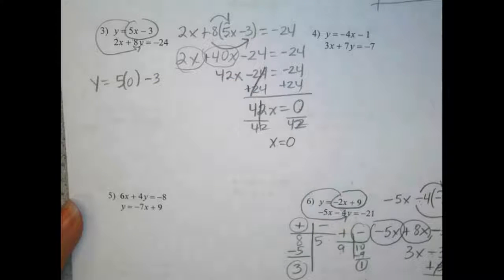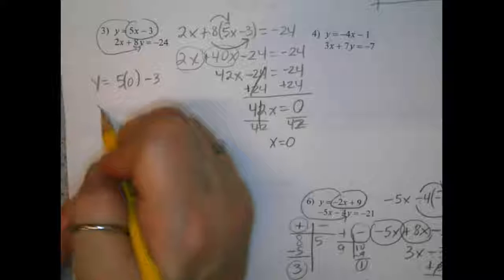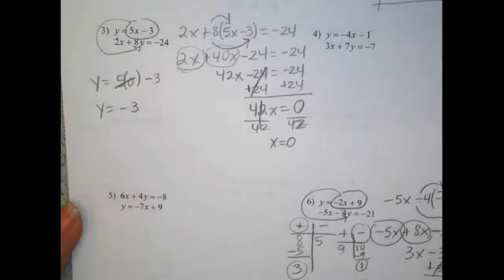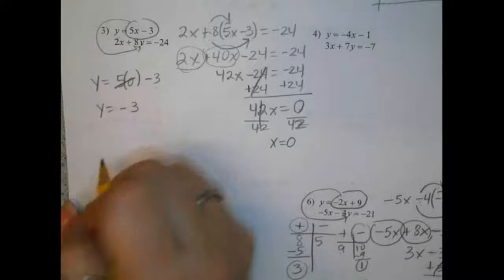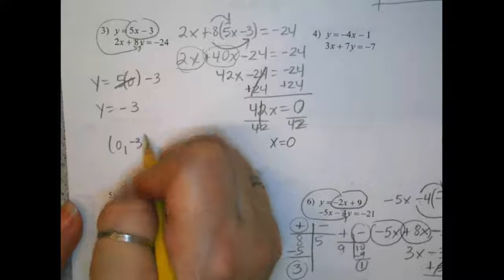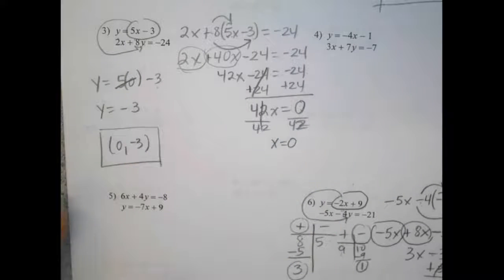Minus 3. What is 5 times 0? So y is equal to negative 3. But am I done? What's my real answer? 0, comma, negative 3. That's my real answer. I'm looking for that ordered pair.